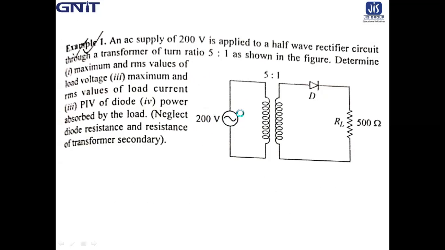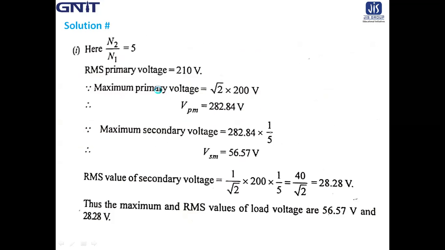So the maximum primary voltage is root 2 multiplied by 200, which is 282.84. Sorry, it is the RMS primary voltage that is 200 volt. Here is a small printing mistake, it will be 200.